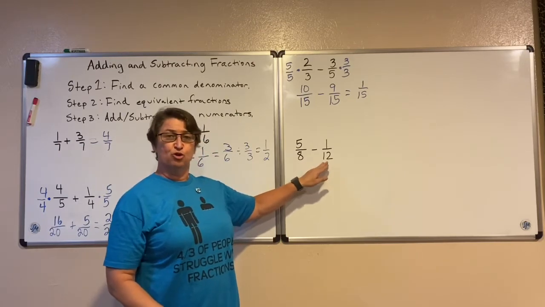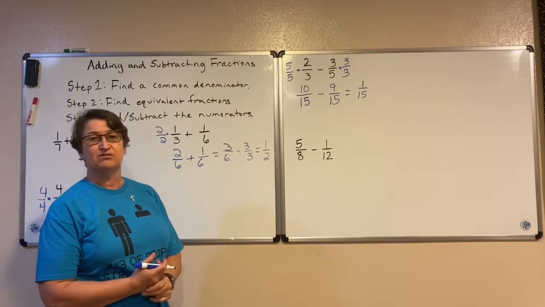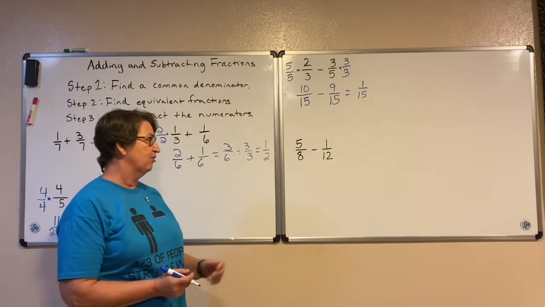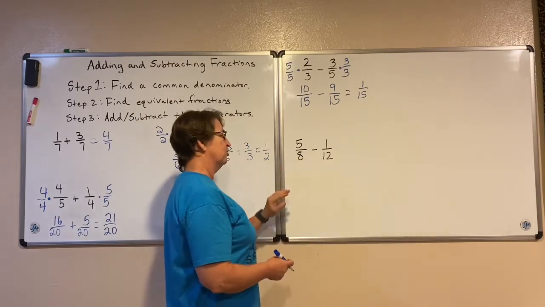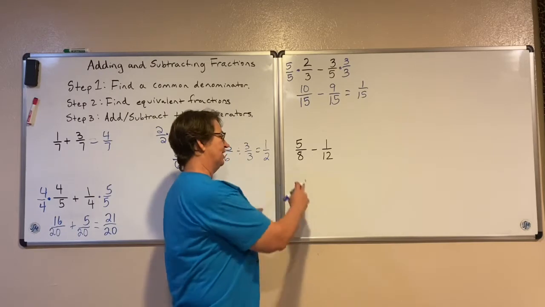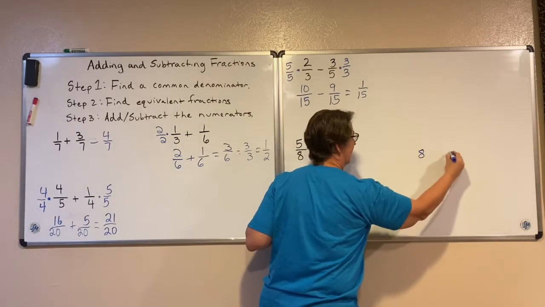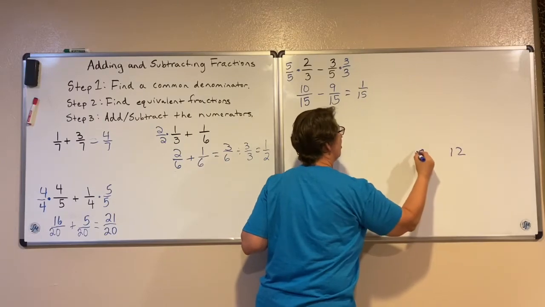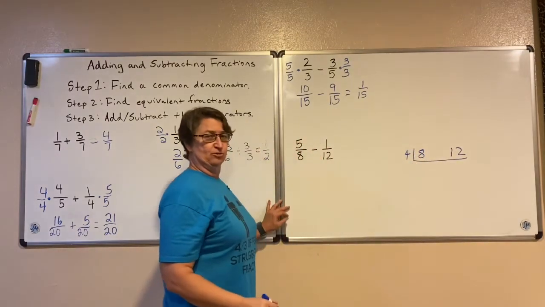Here I have 8 and 12. I could just multiply it together and say that my denominator is 96 because 96 is a common denominator. Or I could count by 8s. I'm going to do it a little bit different this time just to show you another method for finding the common denominator. Notice that this 8 and that 12 both have a 4 as a factor.